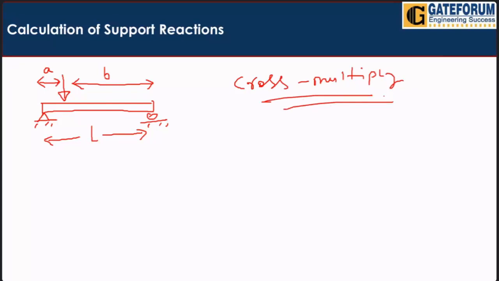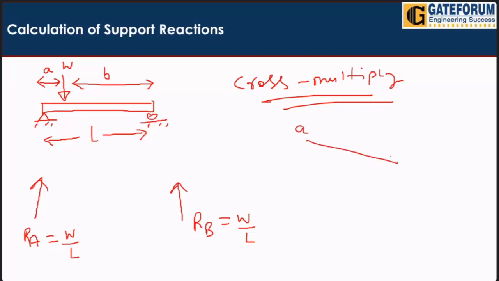In the previous page I gave the half shortcut; here it is the cross multiply shortcut. Here you will say RA and here RB. First of all, the total load is W, so total load divided by total length L. Cross multiply means A will be multiplied to this side and B to the other side.